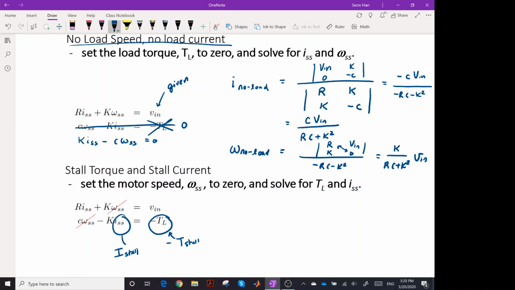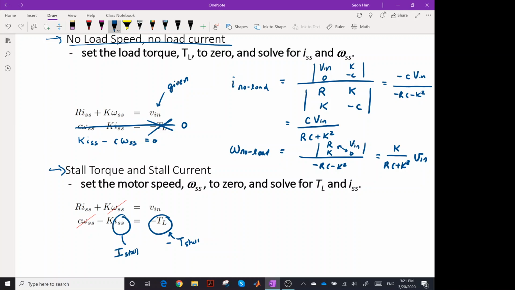A lot of times in the data sheet, it depends on how much you pay for the motor. If you pay $500 for it, they'll tell you what is R, what is K, what is C, everything. Let's say you pick up a motor from somewhere that didn't come with a data sheet. Well, you don't know. Maybe you can find something on the internet, and you might be able to find these values: stall torque, stall current, or the no load speed and the no load current.